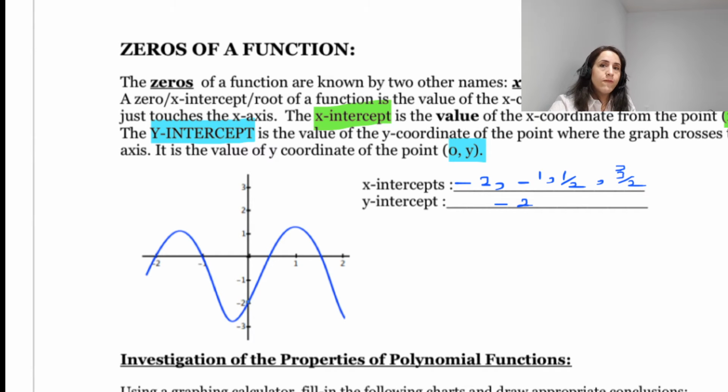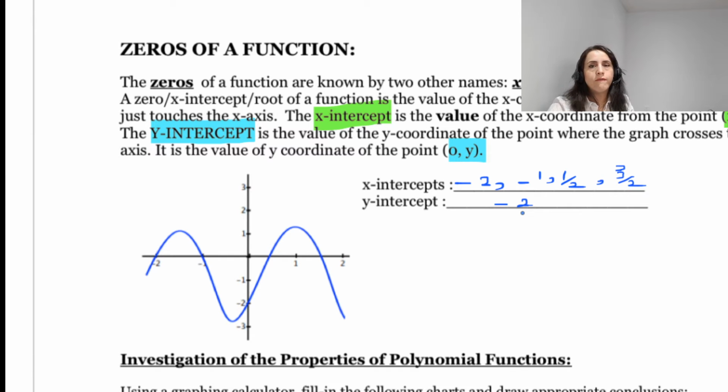If I have a function, I'm talking about a function, not a relation. All functions have just one y-intercept. We can have many x-intercepts in a function, but the y-intercept for a function is always going to be just one value, if it exists.